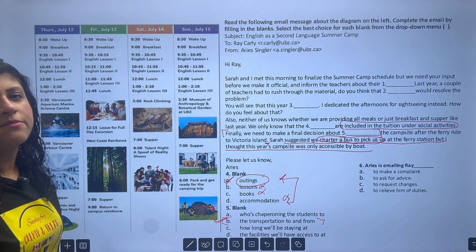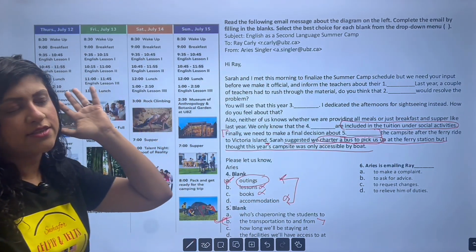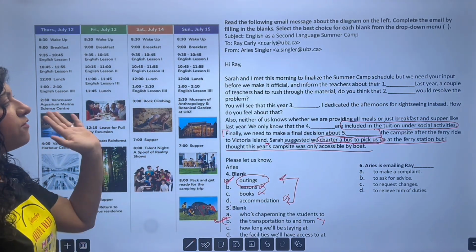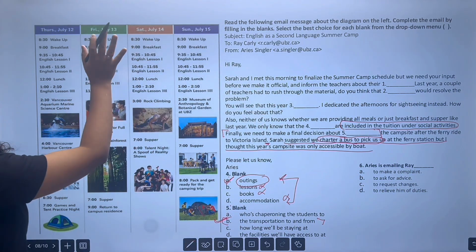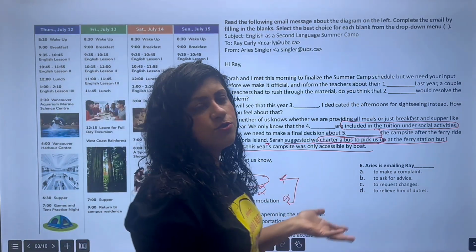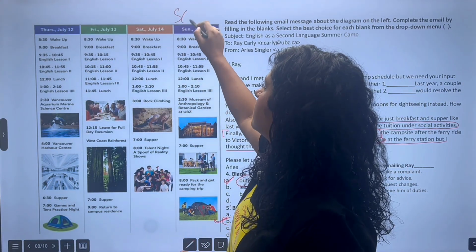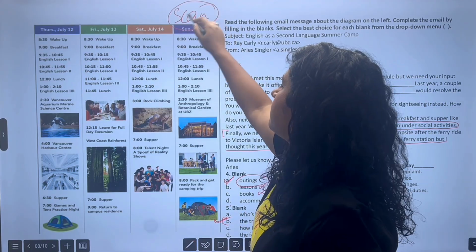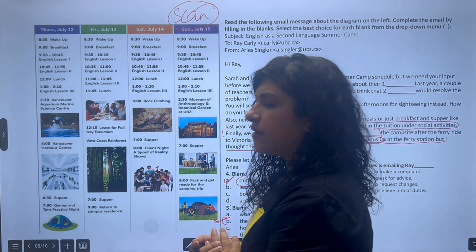Read the sentence completely, because generally your clues are after the blank in most cases. So this is how you solve questions 1 to 5. You'll be combining the text with the diagram to logically connect them. We were just scanning the things, so these were related to specific detail.